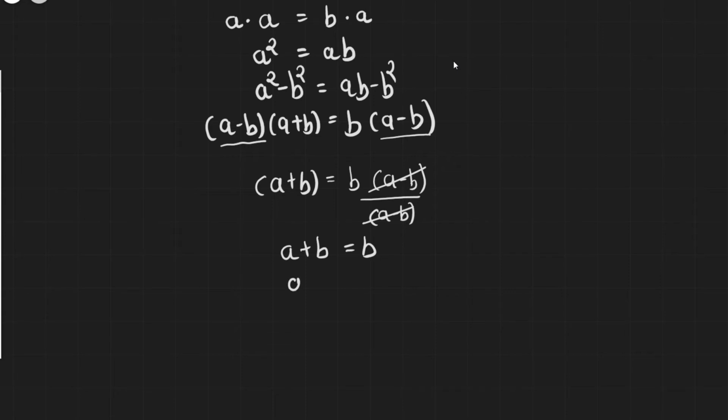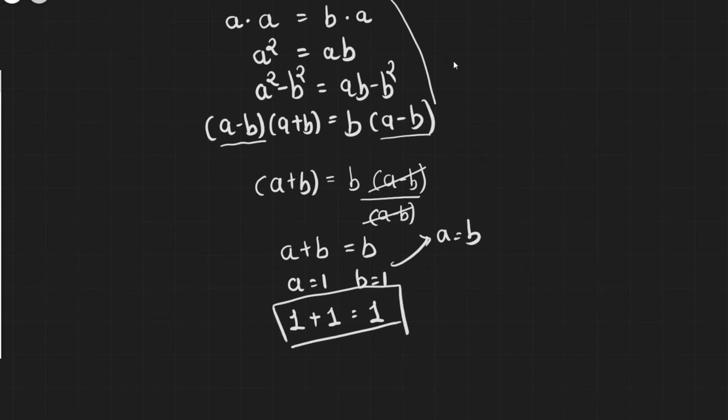So if I take A is equal to 1, then B automatically is equal to 1, because from the starting we already know that A is equal to B. So A is equal to 1, then B is also equal to 1. If we put this value into this equation, 1 plus 1 becomes 1.